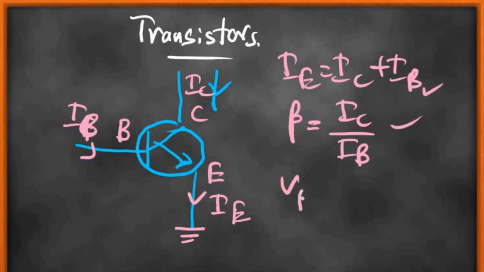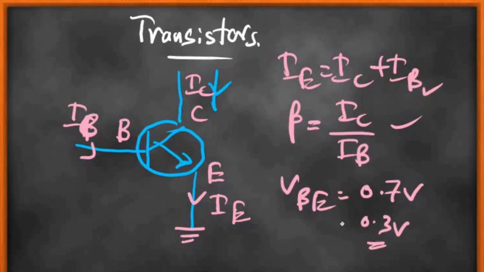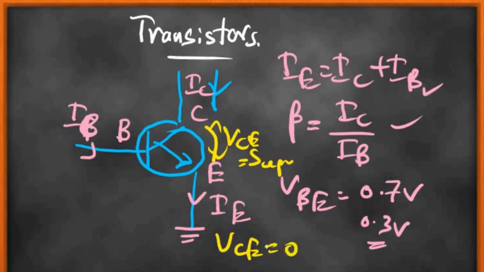Other than that, the VBE value, if it's a silicon transistor, we take it as 0.7 volt, and for a germanium transistor we take it as 0.3 volt. And of course, when it comes to the regions of a transistor, if the transistor is in the cutoff region, we take VCE equal to the supply voltage, and if it's in the saturated region, VCE equals 0, and in between, any value, we call the active region.